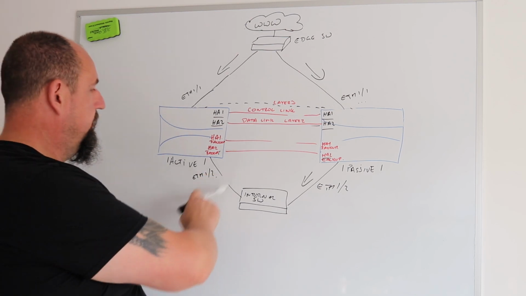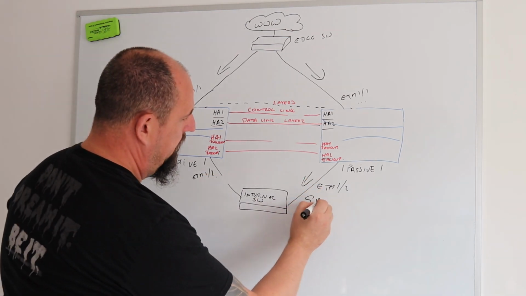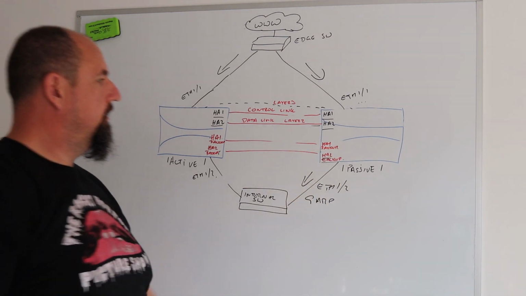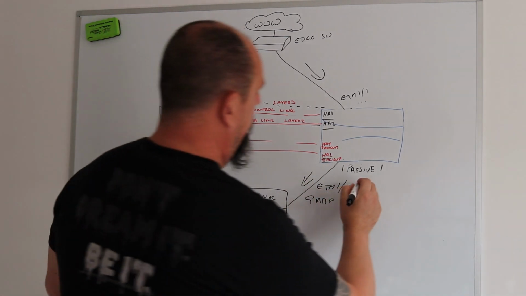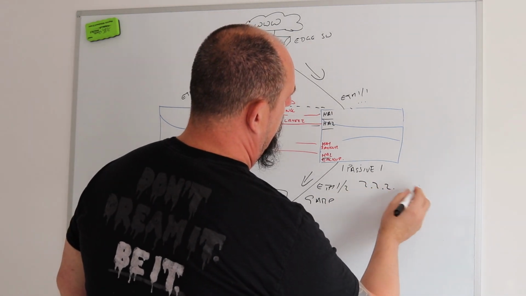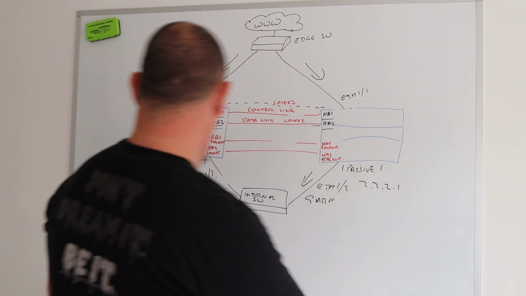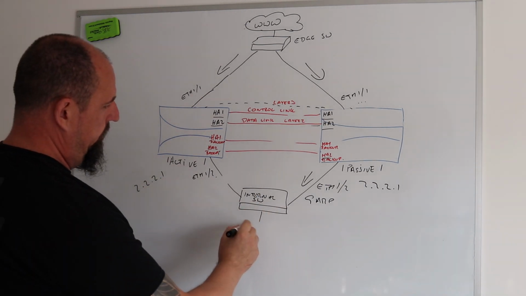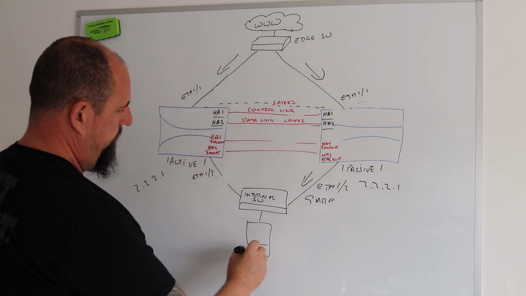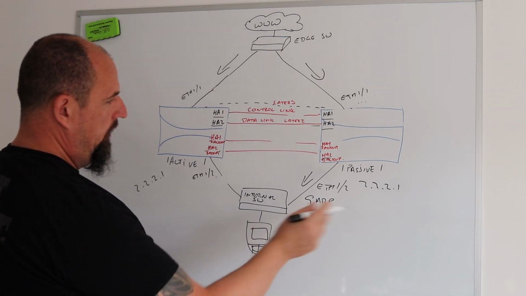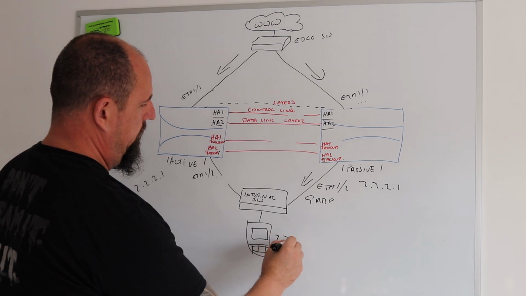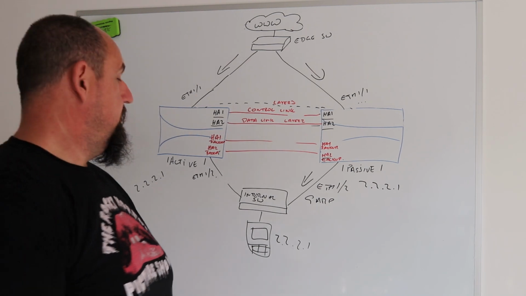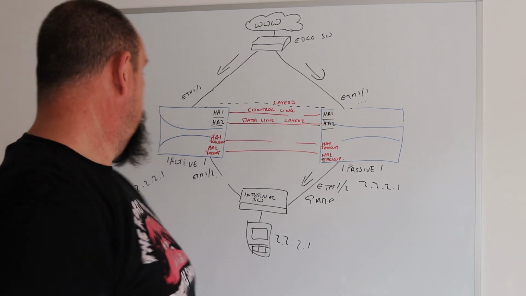So if this link goes, there'll be a GARP, which is basically telling this one that the IP of this side, so if this side was 2.2.2.1 as the gateway, so if we've got a host here, and his gateway is 2.2.2.1, that switch knows how to get there, so that switch knows where the MAC address is of 2.2.2.1.